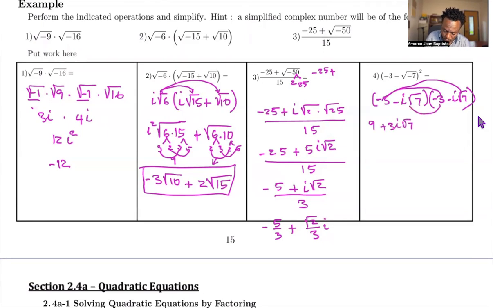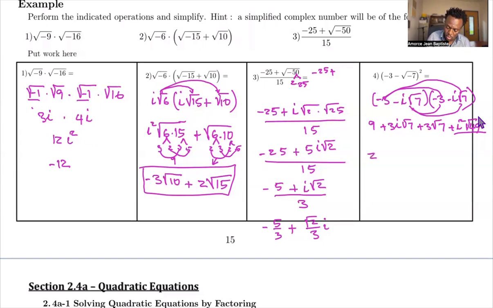It's positive 3i square root of 7. And then that is positive i squared square root of 49, right? Which would be 7. I squared is -1, and square root of 49 is 7. So that's -1 times 7, -7 plus 9.